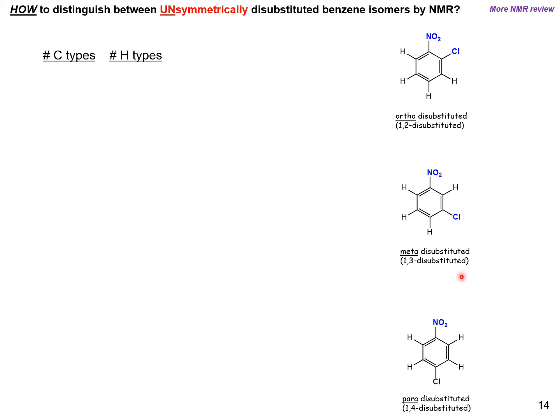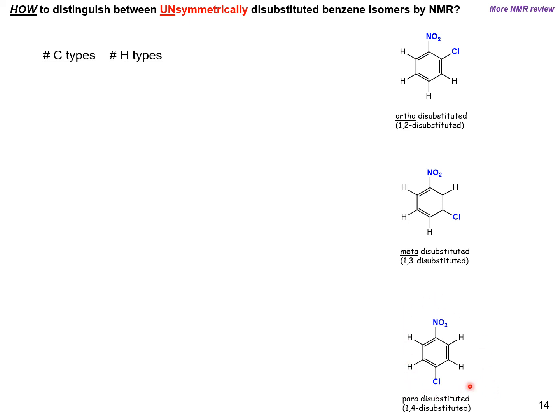Let's take a look at the number of different types of carbons and hydrogens that are in these molecules, and we can establish the number of different carbon and proton signals that we'll see in the corresponding carbon and proton NMR. The simplest spectrum, that is the compound that would have the fewest number of peaks, would be the one that is the most symmetrical.